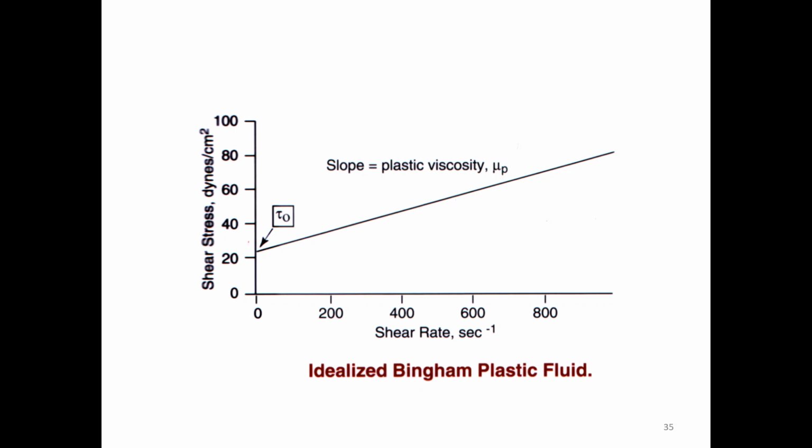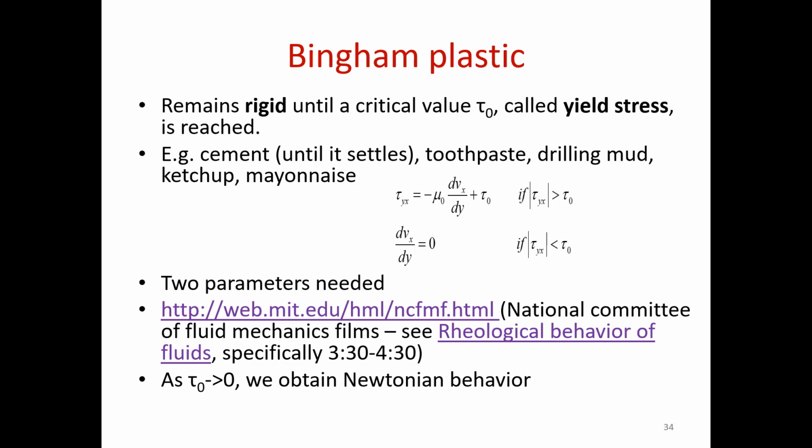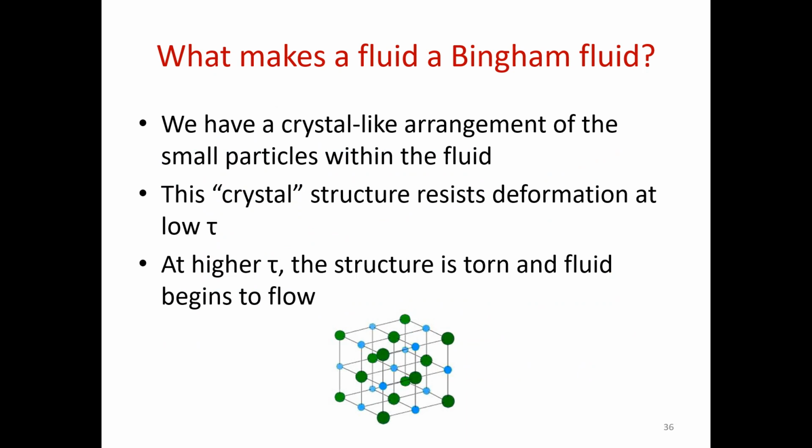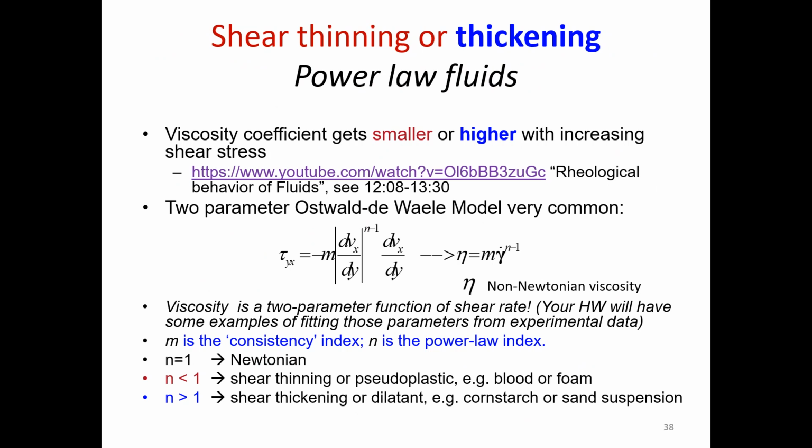So slope is constant in this plot, but I do have an intercept because I don't start at 0. So this is the expression of the fact that nothing starts unless you actually have a yield stress going, and then things are moving. Okay. Now, what are other plots we have?